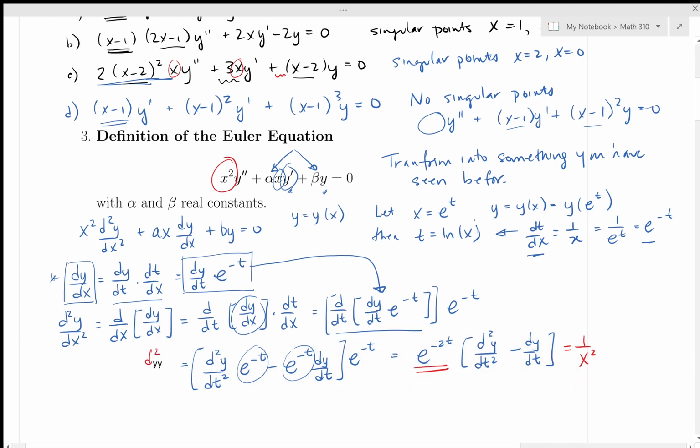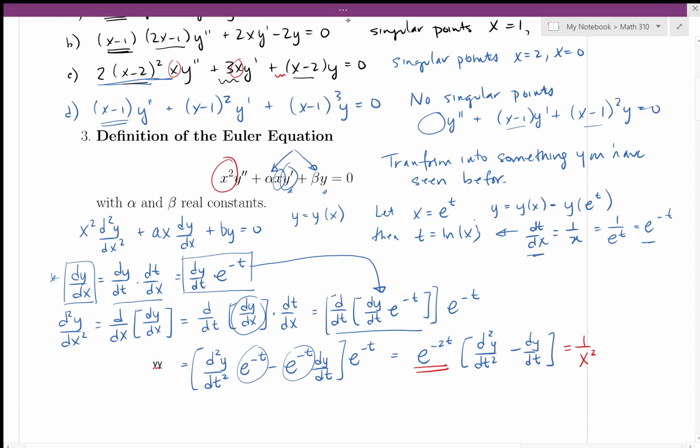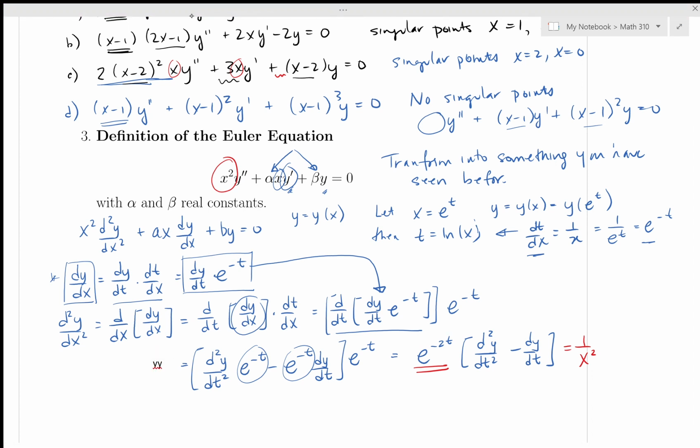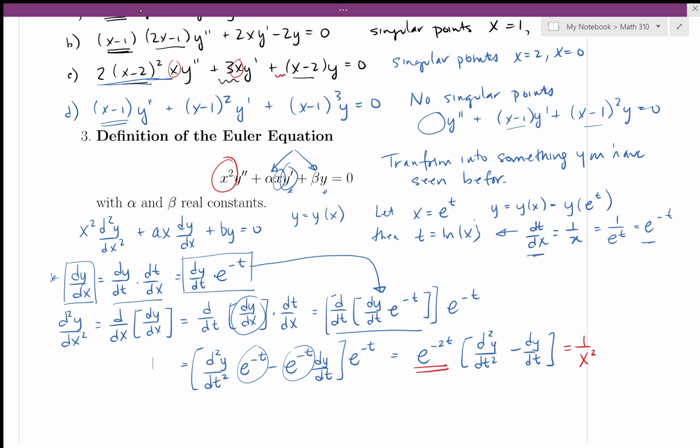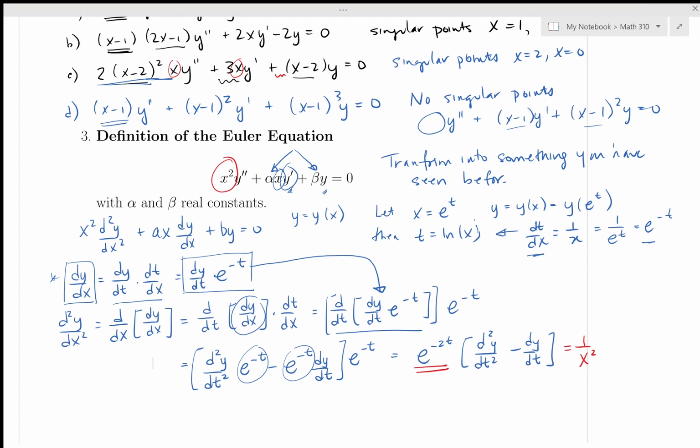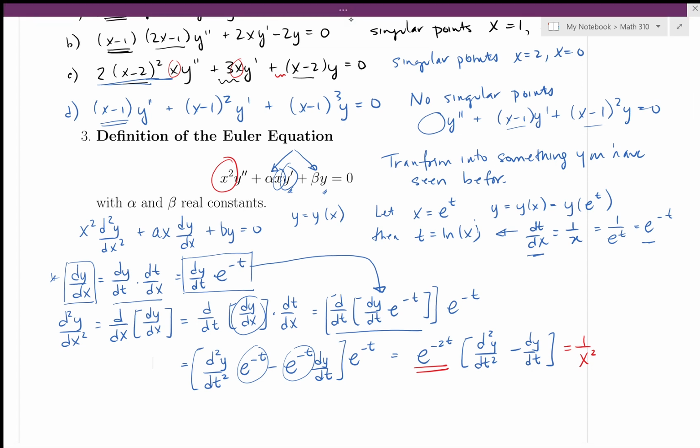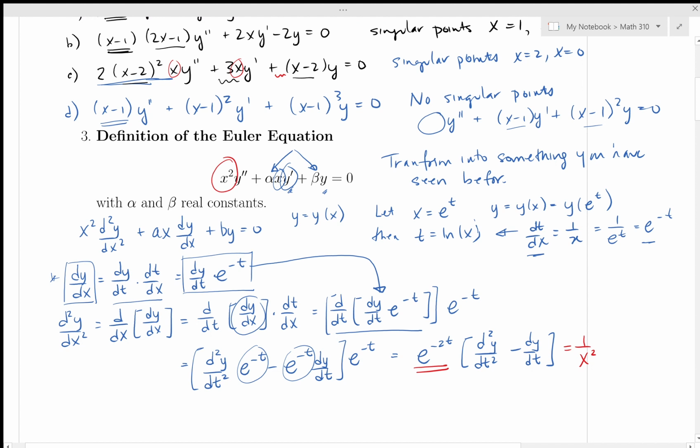This is, don't forget, whoops, let's try that again. Okay, hang on, I got something there I don't want. Let me get rid of that. Delete. Okay. Let us remember that this thing here is d2y by dx squared.